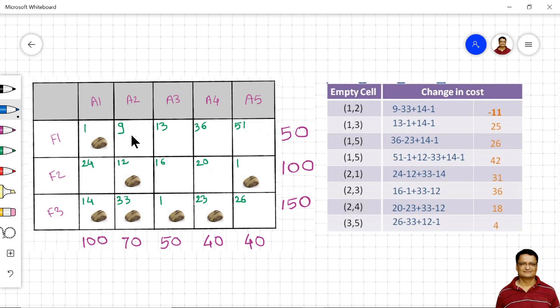Now let me draw this loop. If I start from this empty cell, I will go to this stone, change the direction, again change the direction, again change the direction, and I will be back at the original cell. Now you must be wondering why I didn't change my direction at this point.